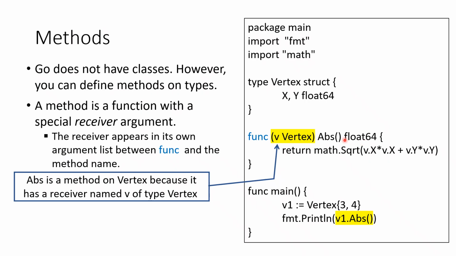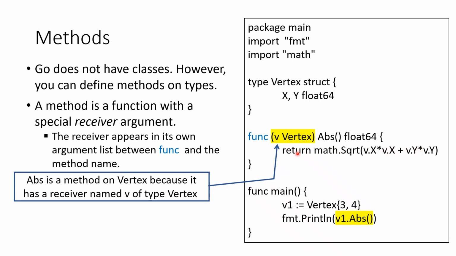Here Abs is written as a regular function with no change in functionality. It takes no argument after its name and returns a float64 value which equals the square root of the sum of squares of the fields x and y in Vertex v.